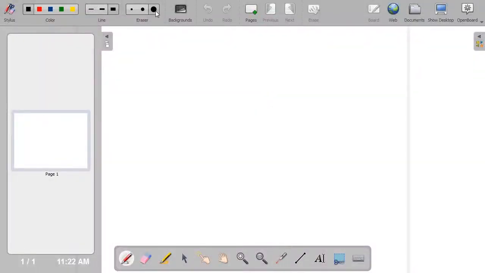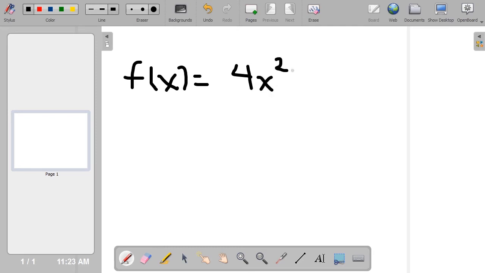Okay, now we're back. Anyway, say f of x is 4x squared. My handwriting is so bad. 4x squared.